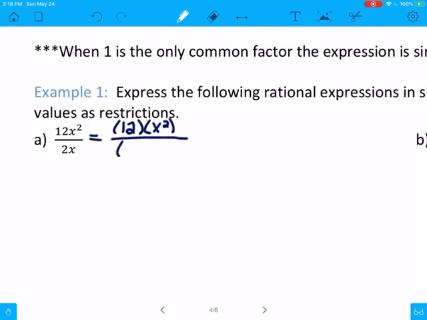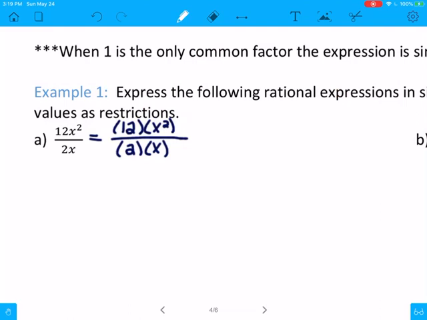On the bottom, we're going to have a 2 and an x. That is it. Literally. Okay, that's our GCF, difference of squares and stuff like that. So when we have monomials, we just first put them in brackets. No GCF, no difference of squares. Skip step 1.